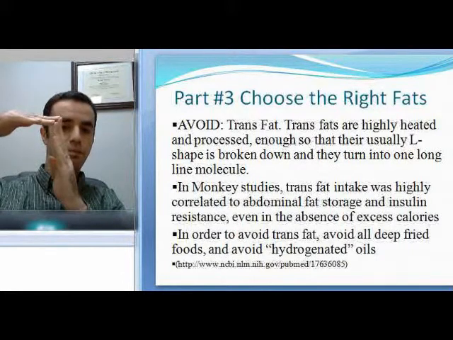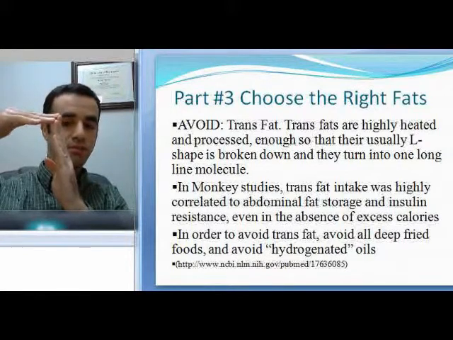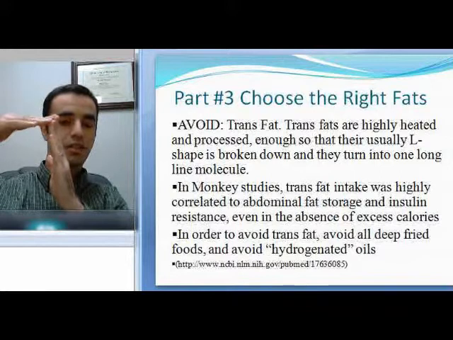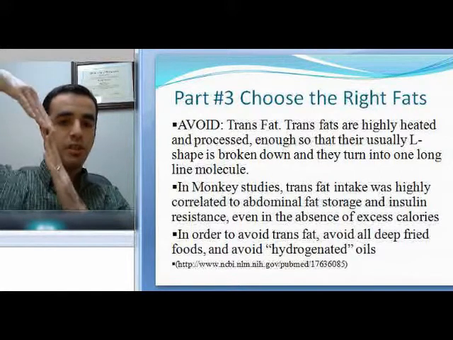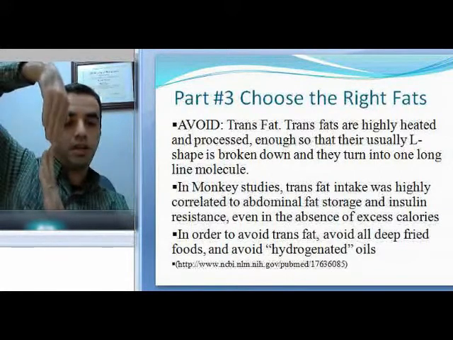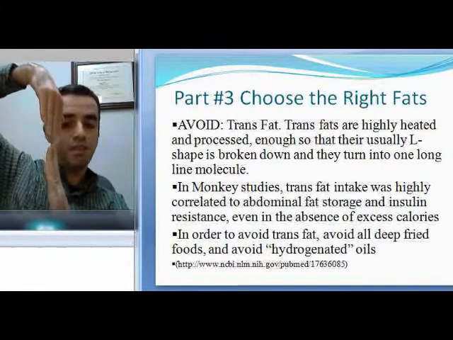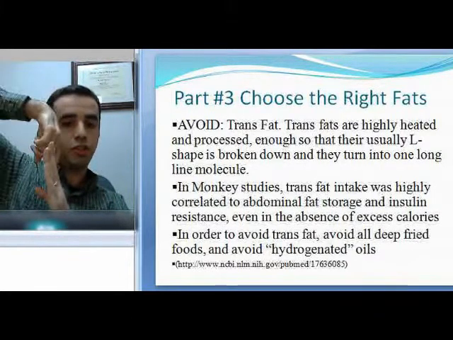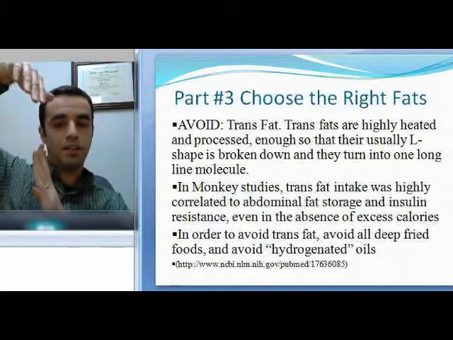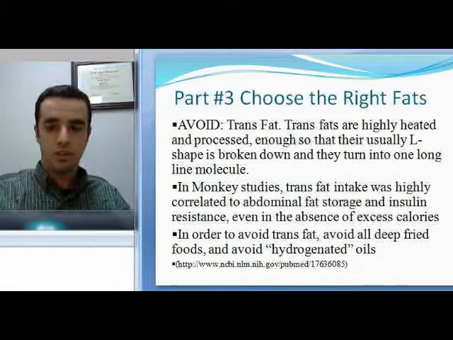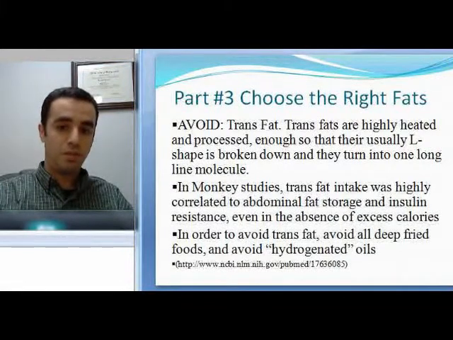Now, if they get highly heated and processed, like they are in trans fats, all of a sudden that heat just kind of straightens it out, and all of a sudden the fat molecule looks like this, and your body does not understand what this means. It's a totally straight fat molecule, and because your body has never seen it before, doesn't know what it is, doesn't know where to store it, you become more unhealthy when you consume trans fats.